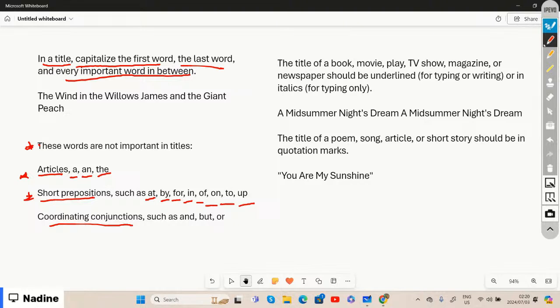These are prepositions, and the only time a preposition can be capitalized is when it's the first word of the title.